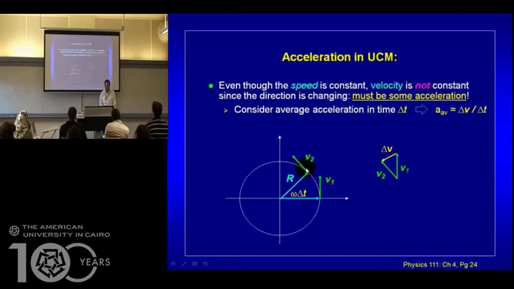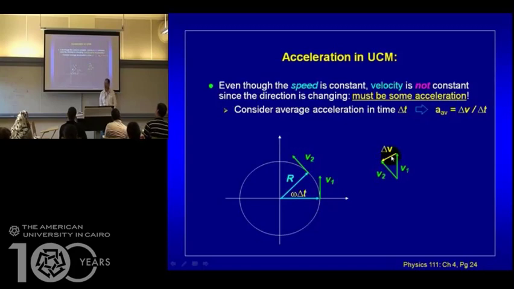So if I draw v1 here, I just parallel it. That's v1, and if you draw v2 from that point, this is v2, and if you connect those two lines, this is the change in the velocity, delta v.